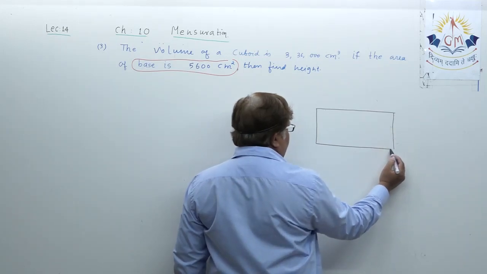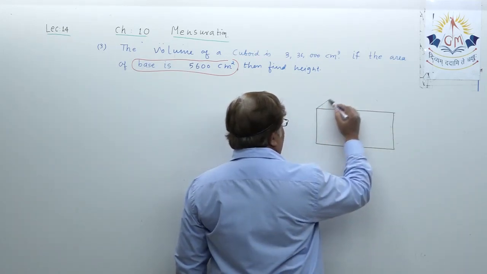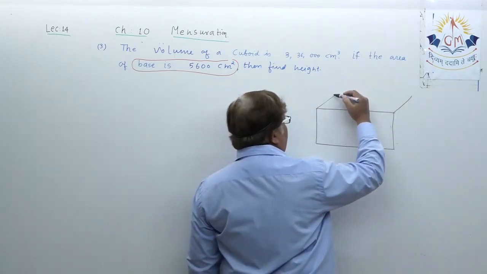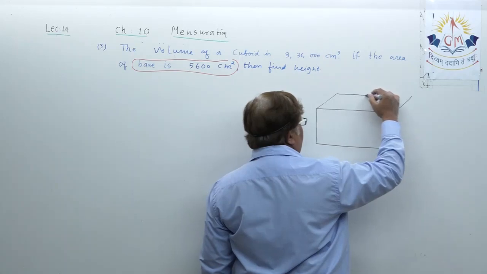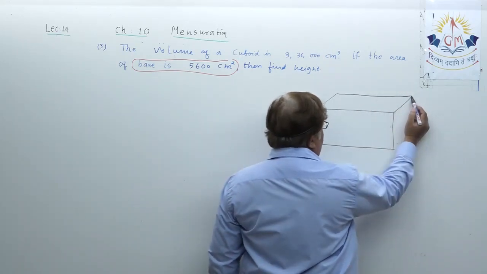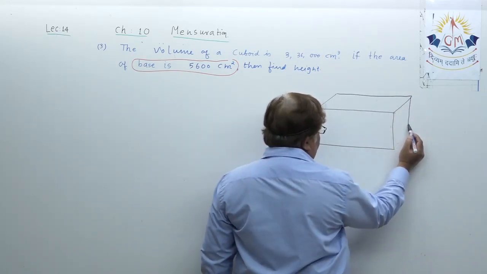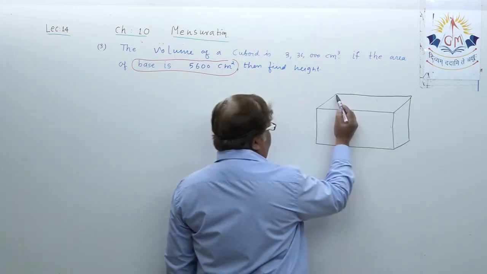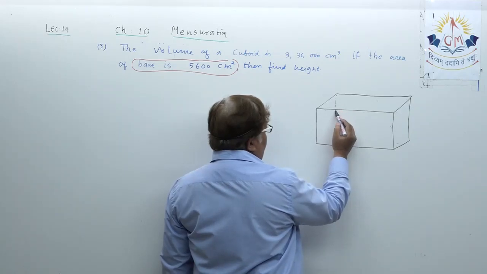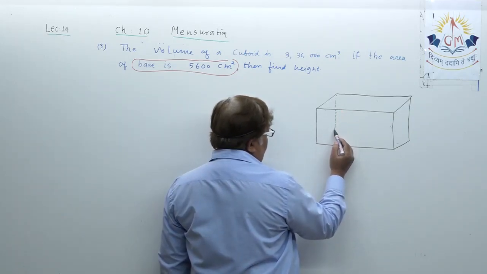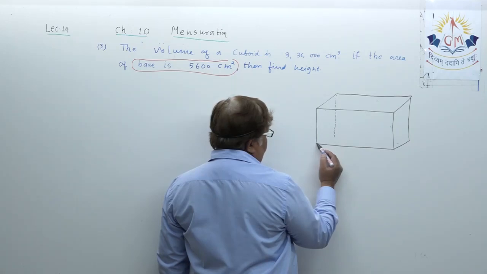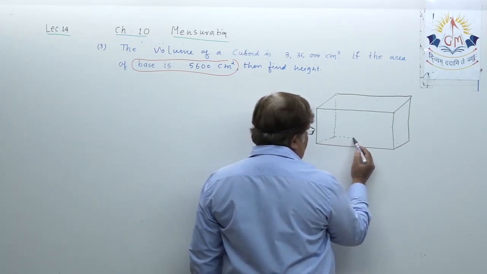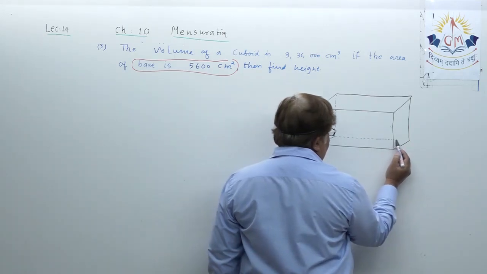Let us try to make some three-dimensional sketch here. We just want to make you understand. A three-dimensional sketch of this will give you a lot of idea regarding this.